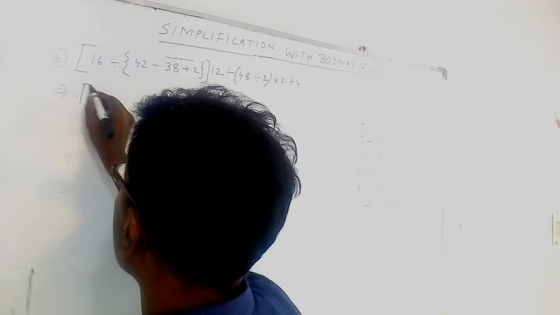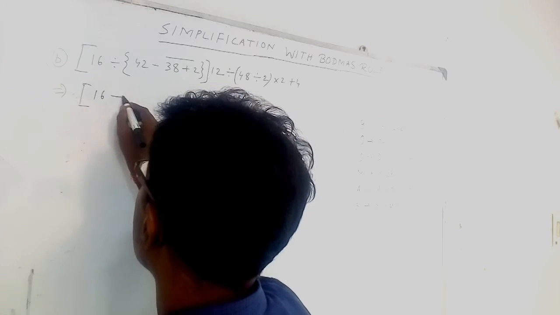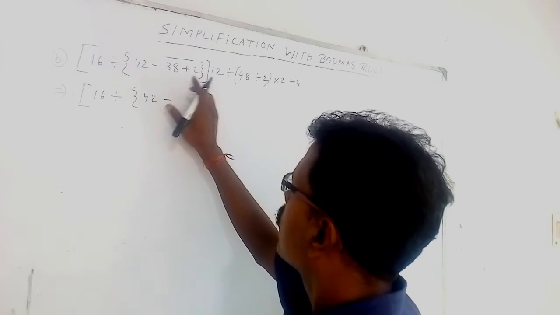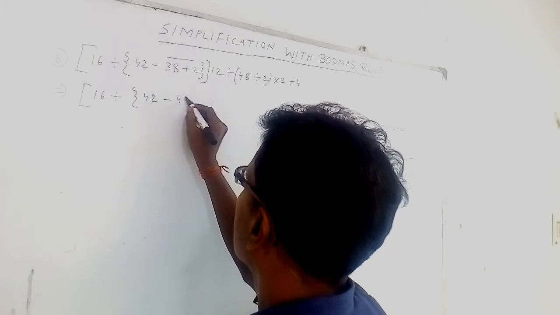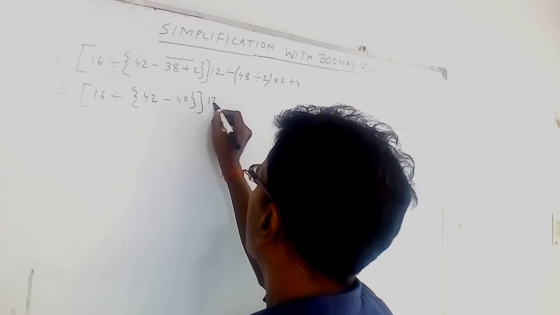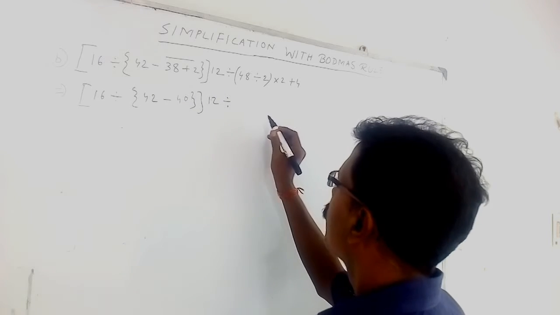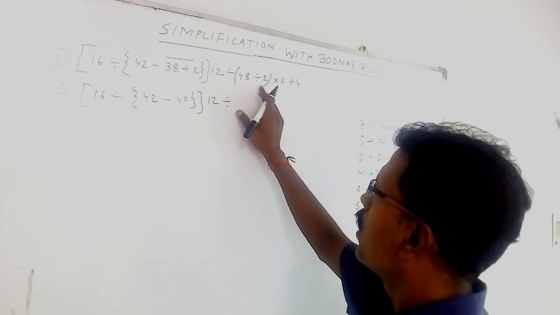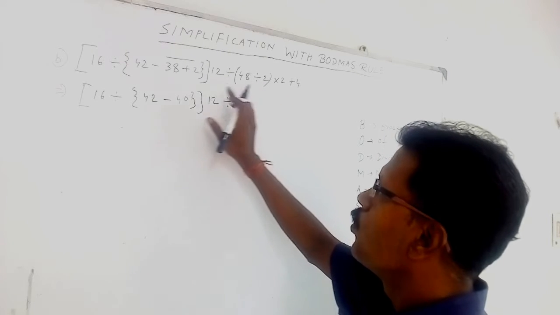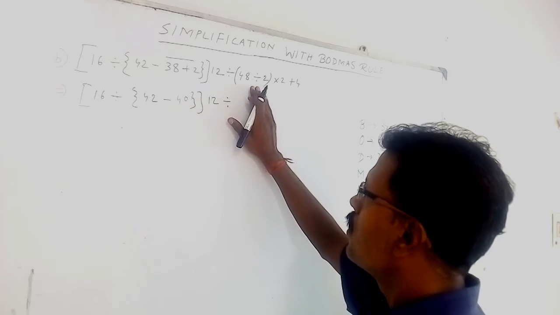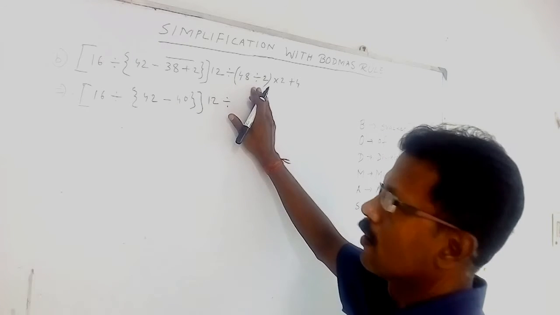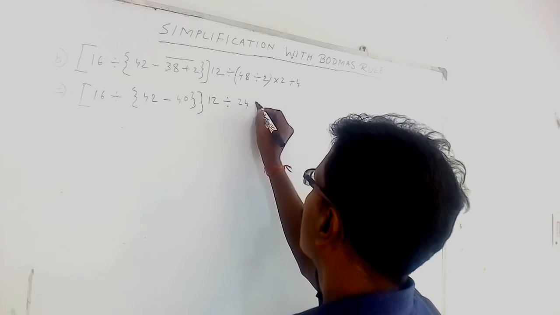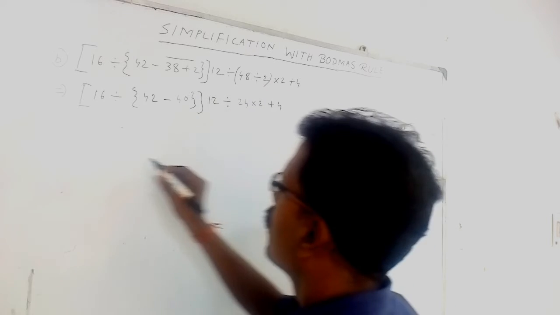So copy the remaining things: third bracket 16 divided by second bracket 42 minus 38 plus 2, that is 40, second bracket, third bracket 12. You can do 48 divided by 2 simultaneously with this work, because it is in a separate bracket. That is 24, 2 plus 4.